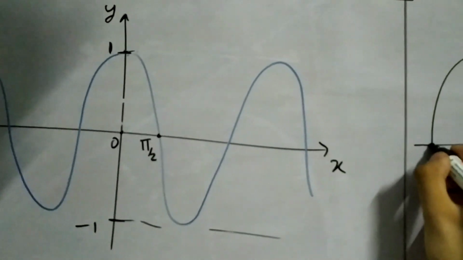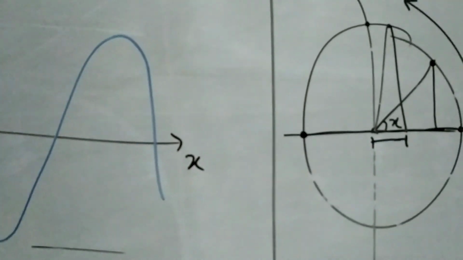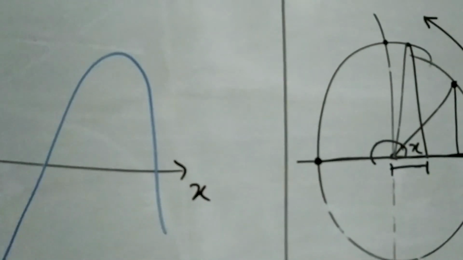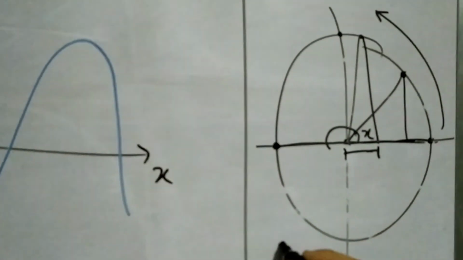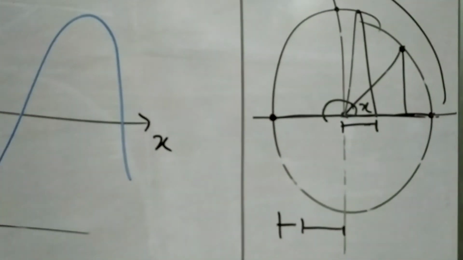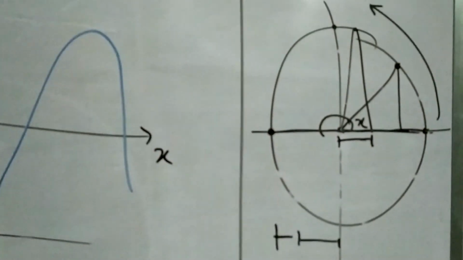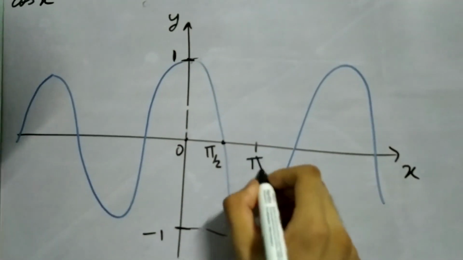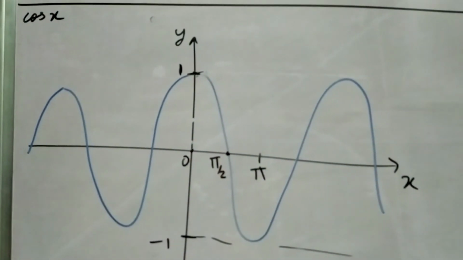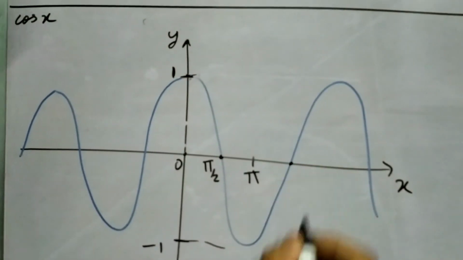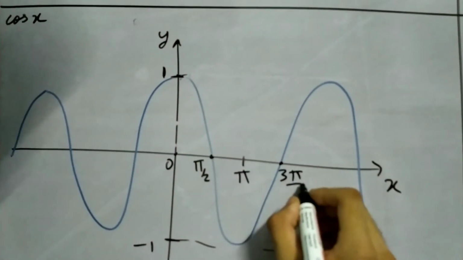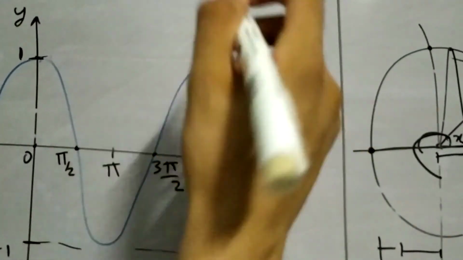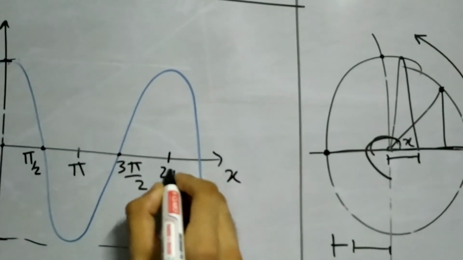And if you are at this point, x is equal to pi, then you are at a distance of 1 unit, but in the left direction. So this will be -1. So cos pi is -1. You must have known this. And again, it's 0 at 3 pi by 2, and it again approaches 1 at 2 pi.